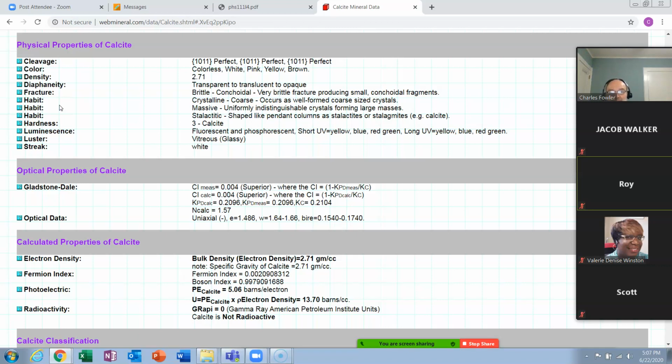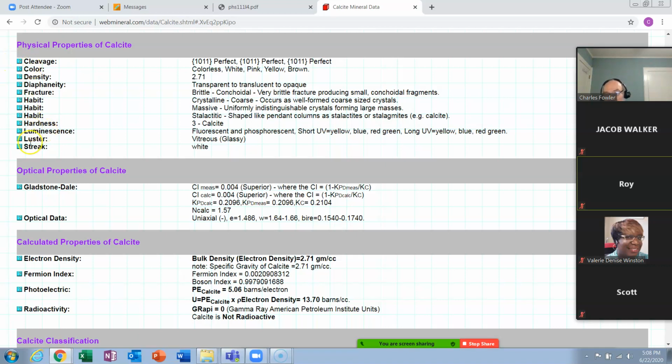Now, you see you're not using a lot of these, like whatever diaphaneity is. You're not using it, so don't pay any attention to it. Luminescence you're not using. Just the 6 that you're using.